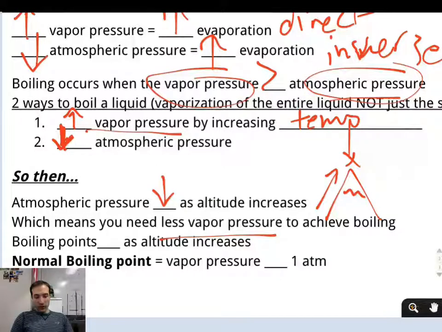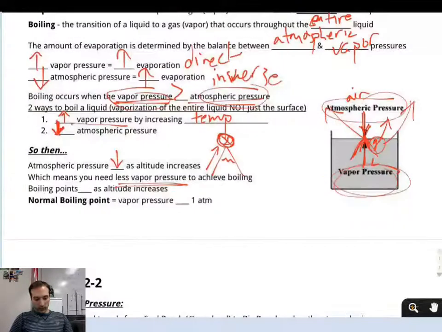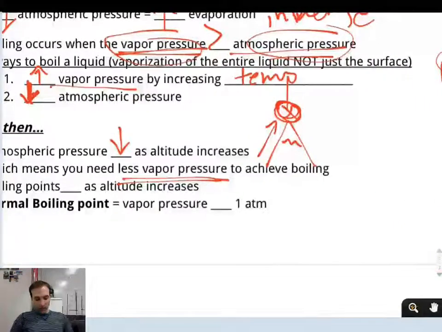Because remember, for boiling, vapor pressure needs to be greater than atmospheric pressure. So if your atmospheric pressure has decreased, you won't need as much vapor pressure to get it to boil. And what that means is boiling points actually decrease as altitude increases.